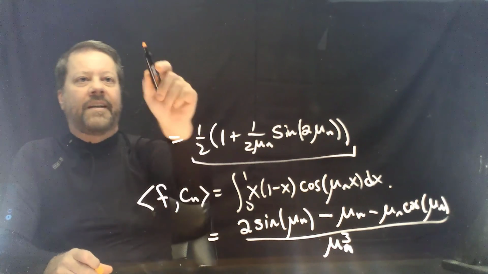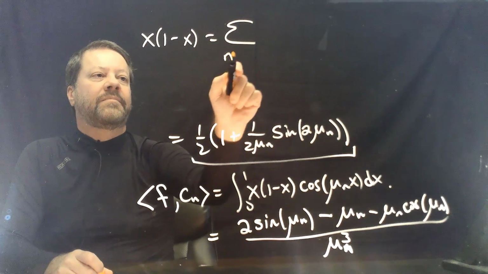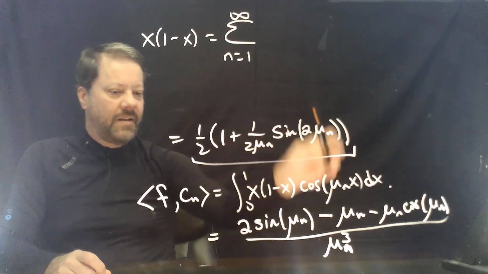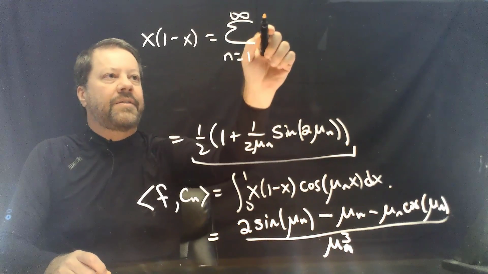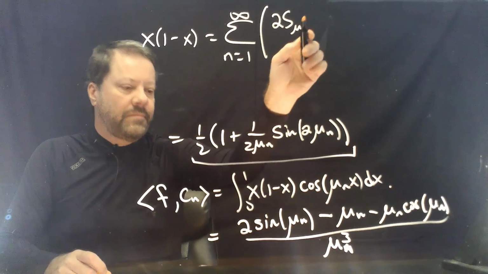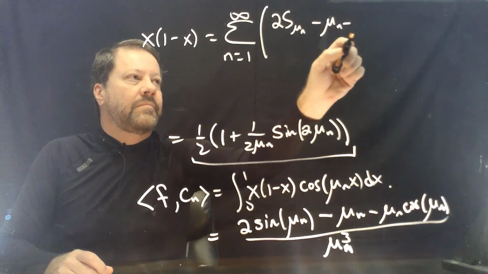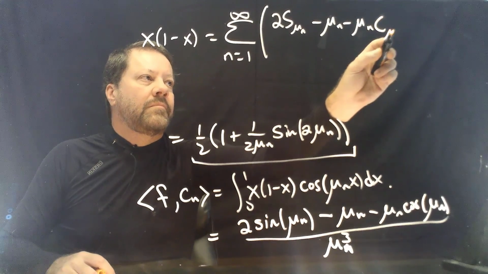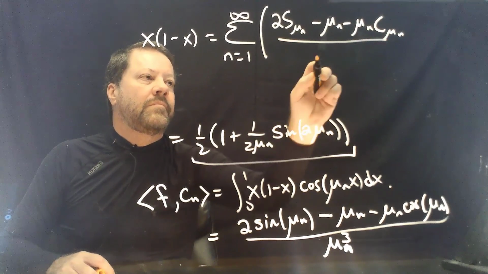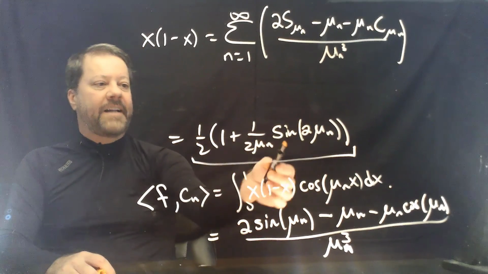We have then that the function x times 1 minus x may be represented as we'll have these coefficients divided by these coefficients.